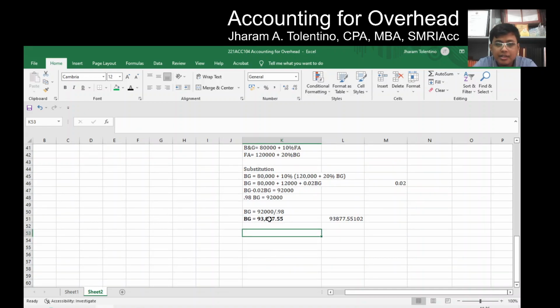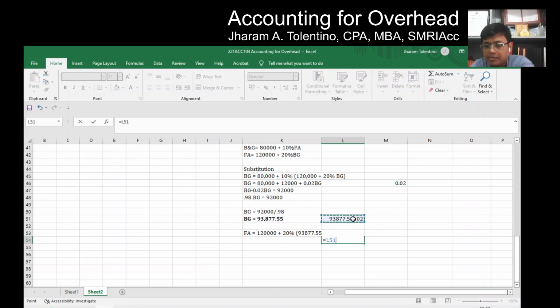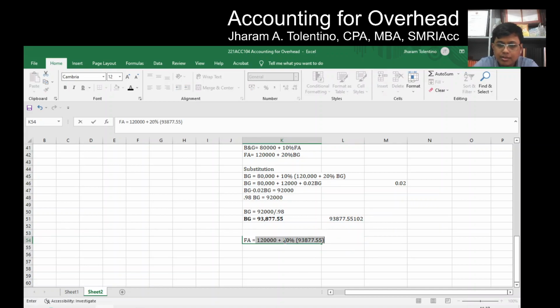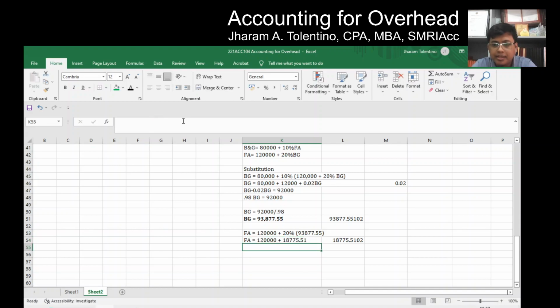Susunod. Substitute na natin yung value ng BG dun sa FA. So, FA now is equal to 120,000 plus 20% of BG, which is 93,877.55. Yan na. So, multiply lang natin. This is times 0.20. So, FA is equal to 120,000 plus magkano na yan? 18,775.50.